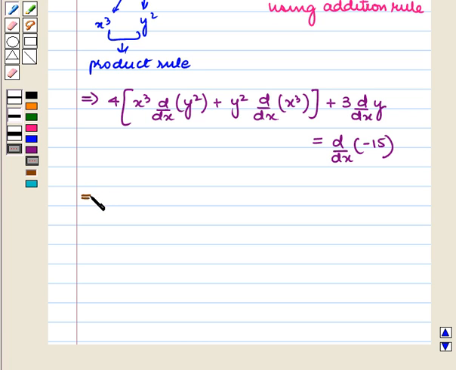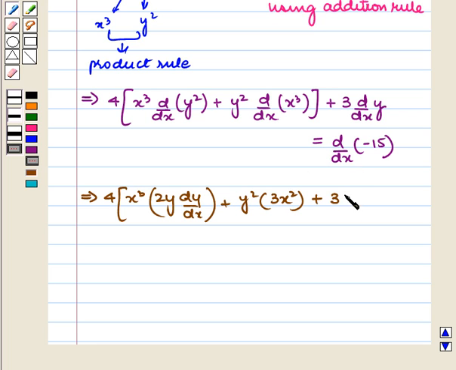This implies 4 into x cube 2y dy by dx plus y square into 3x square plus 3 dy by dx is equal to 0, as the derivative of a constant is 0.